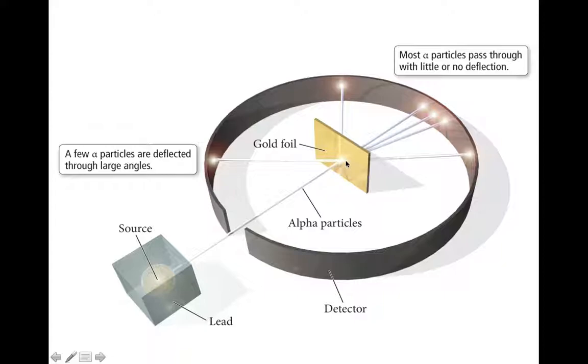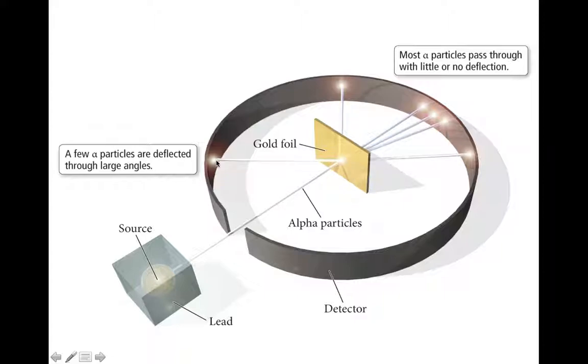These alpha particles would glance off the side of this gold atom and bounce over here. Some of them would hit it with a greater angle of incidence and be detected by this film around here.